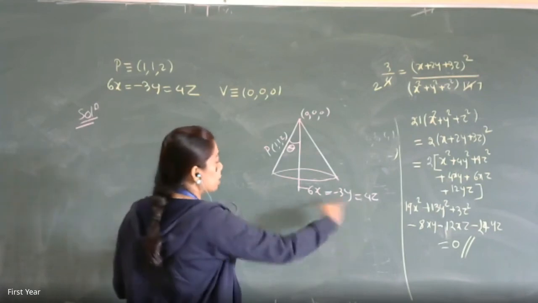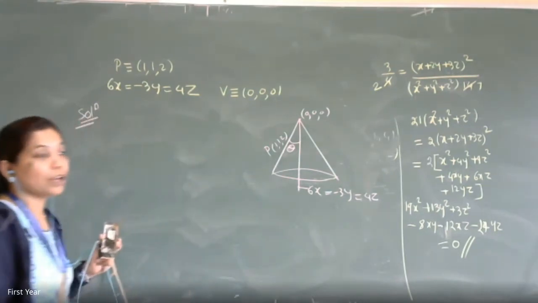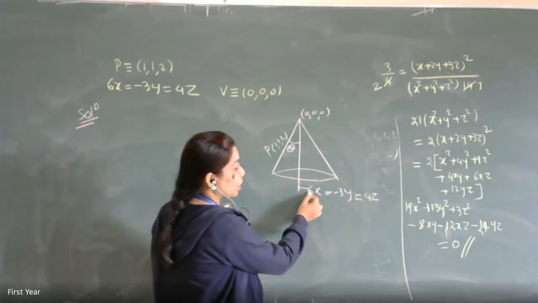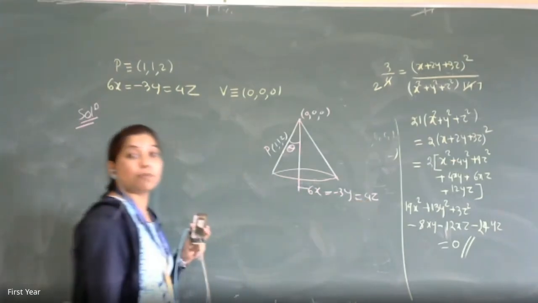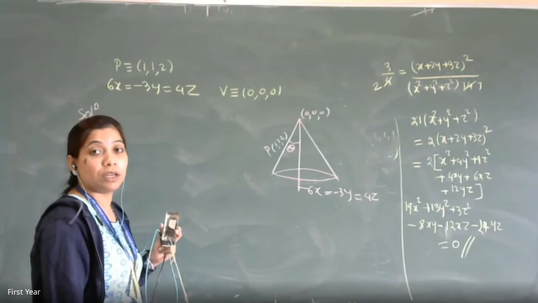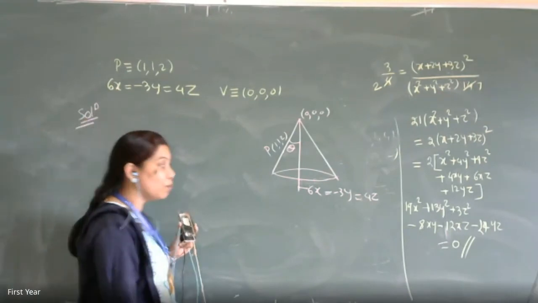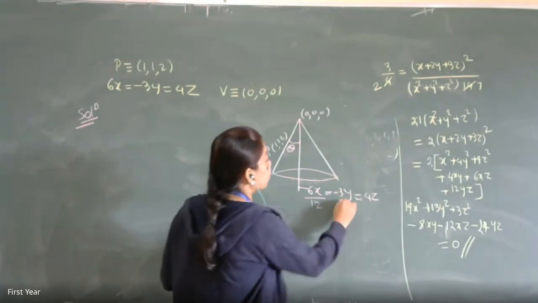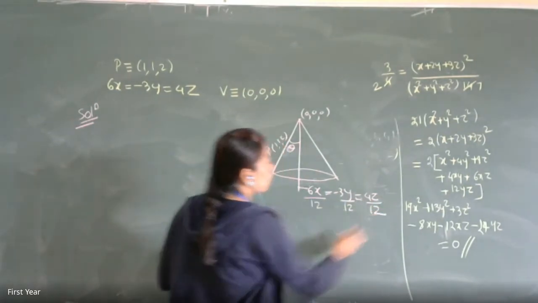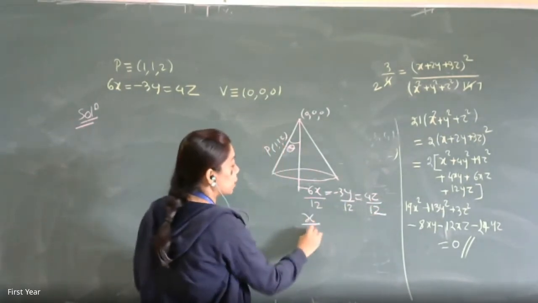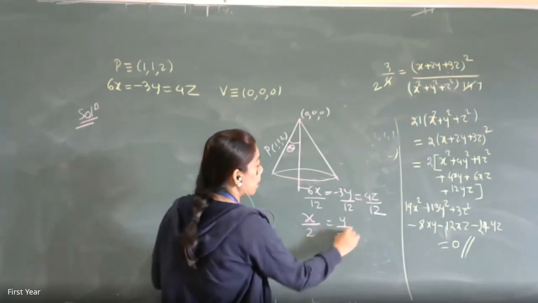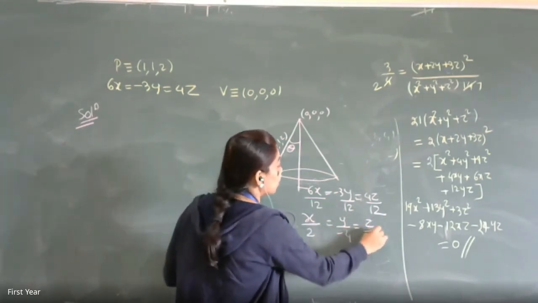So how are you going to write this equation in symmetric form so that you get the direction ratios? Divided by 12. Absolutely. Look at the coefficients and take the LCM of the coefficients, which turns out to be 12. So divide by 12, and you get the equation in symmetrical form as x by 2 equals y by minus 4 equals z by 3.